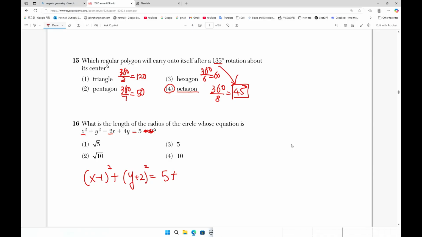But in this case, 1 and 4 we can add, right? So we're going to add 1 plus 4. That equals 10. This is r squared. So the value of r is what? Square root of 10 is the answer, okay? All right. So you can add plus 1 and plus 4 over here too, okay?